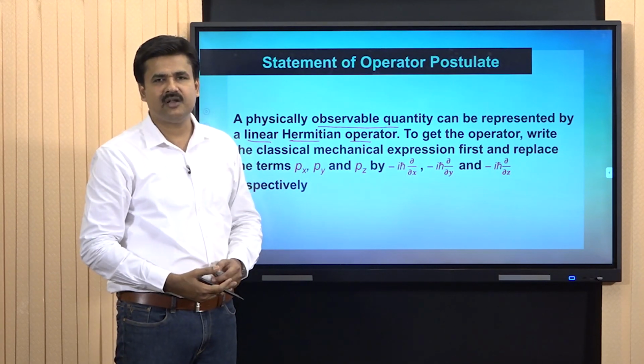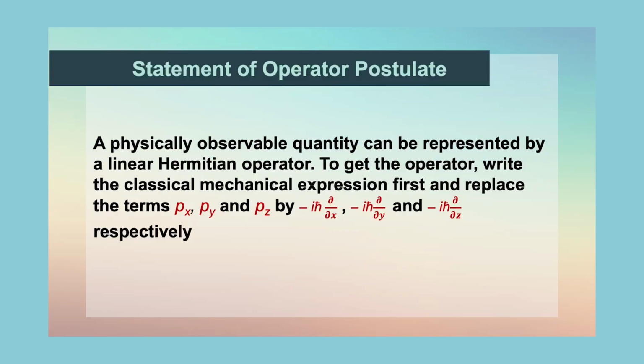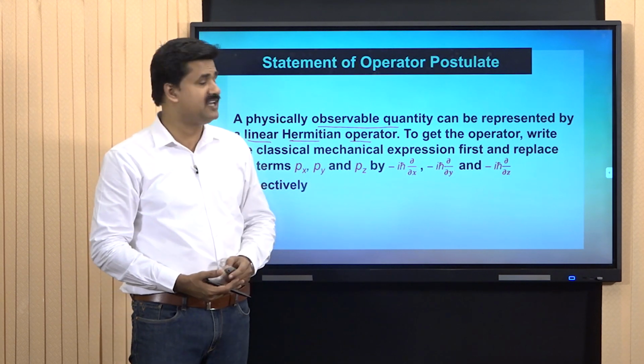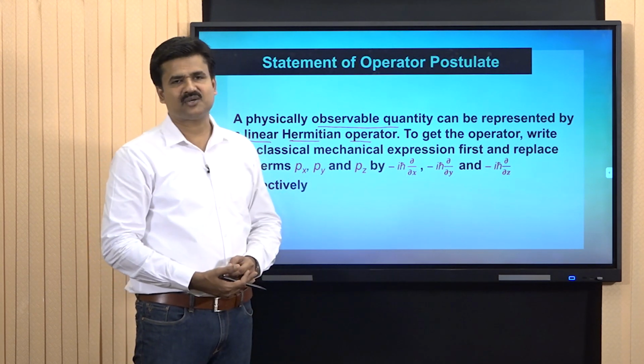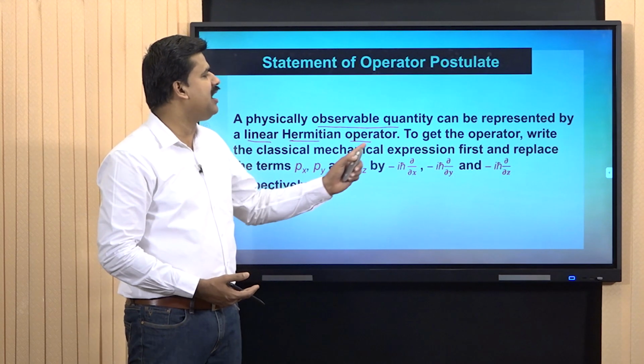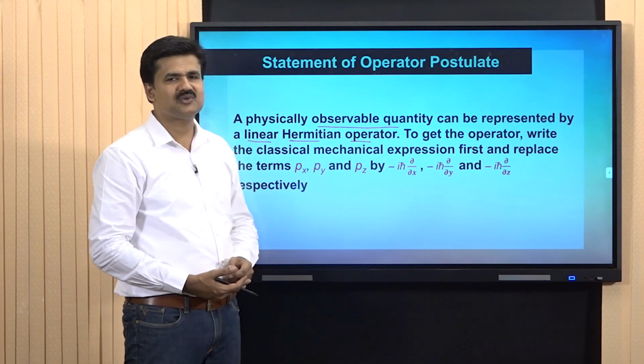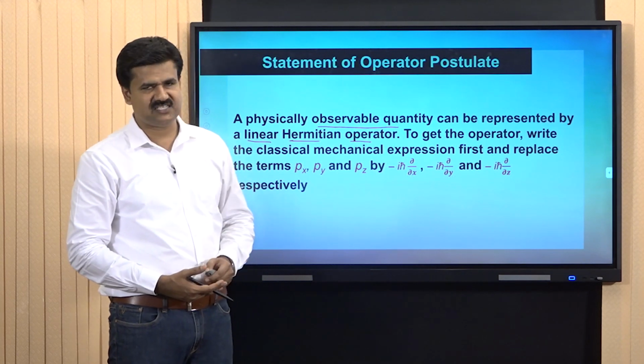To get the linear Hermitian operator, write the classical mechanical expression first and replace the terms Px, Py, Pz respectively by minus i h cross dou by dou x, minus i h cross dou by dou y, and minus i h cross dou by dou z.